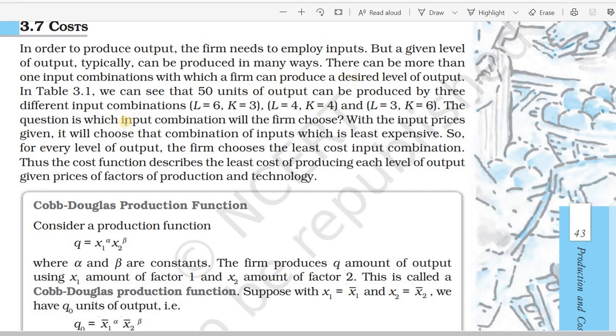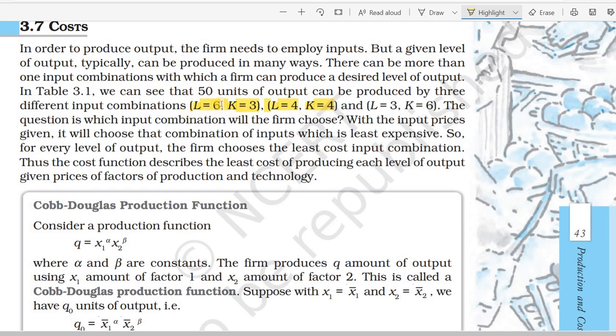Here 3 different combinations are there. In the first one, the producer can produce 50 units of output with 6 labor and 3 capital. L means labor, K means capital. Here labor is 4 and capital is 4.